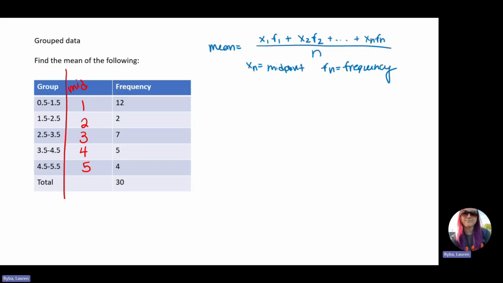So then I can multiply across my table here. 1 times 12 is 12. 2 times 2 is 4. 3 times 7 is 21. 4 times 5 is 20. And 5 times 4 is 20.